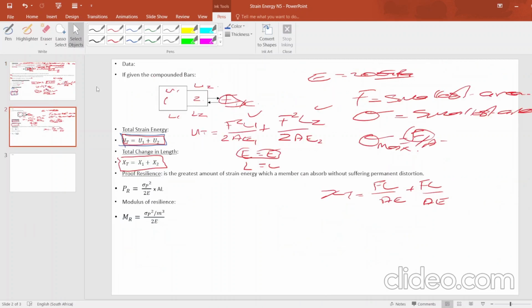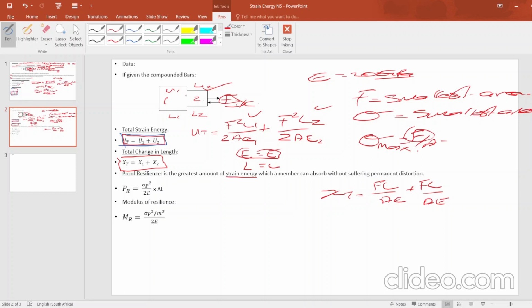Right. Then we have that which we call the proof of resilience. It is the greatest amount of strain energy which a member can absorb without suffering permanent distortion. It means this member can absorb too much energy without suffering permanent deformation.